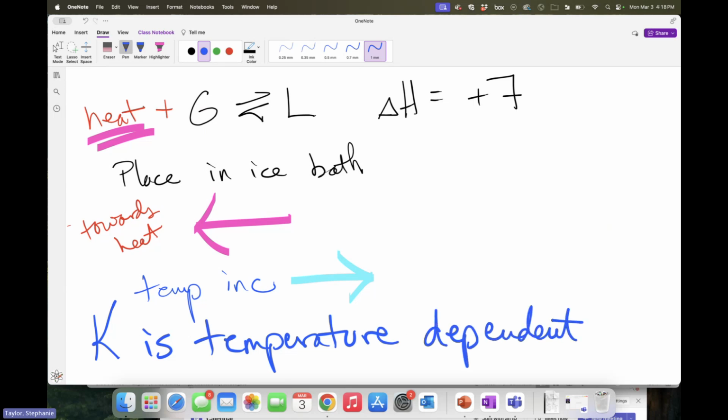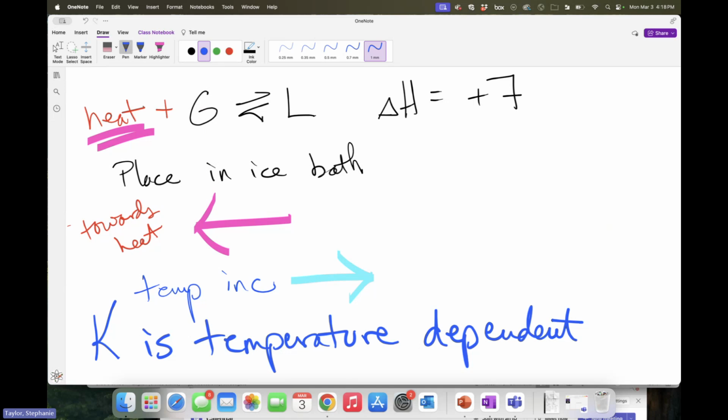So while treating heat like a product or a reactant will get you the correct answer, which is why we teach it, because even if I had to figure this out, I would still use this trick because it works. K is temperature dependent. What's really happening is exothermic and endothermic reactions change in different ways when the temperature changes.